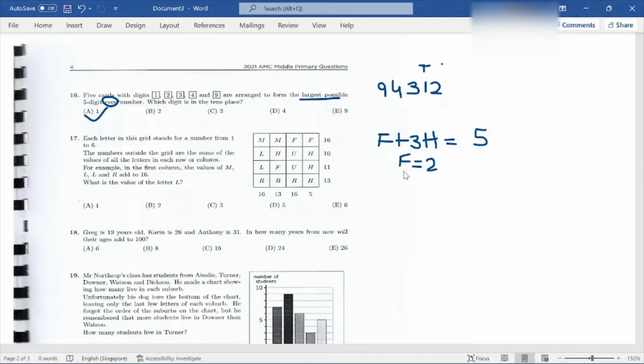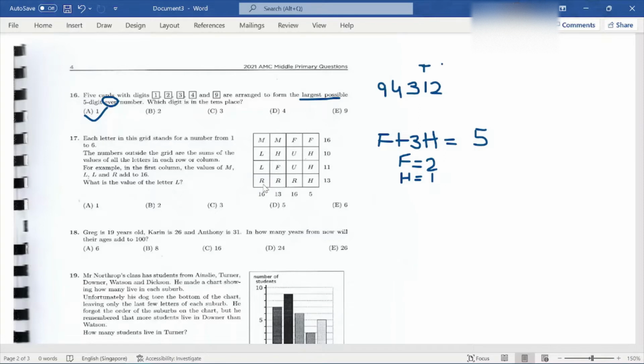Right? If F equals 2, we would be able to find out what H would be. That would be 1. We already assumed that. And if F and H are known, let's find the next possible row or column. For example, let's go to row number 4 where we have just 2 unknowns.